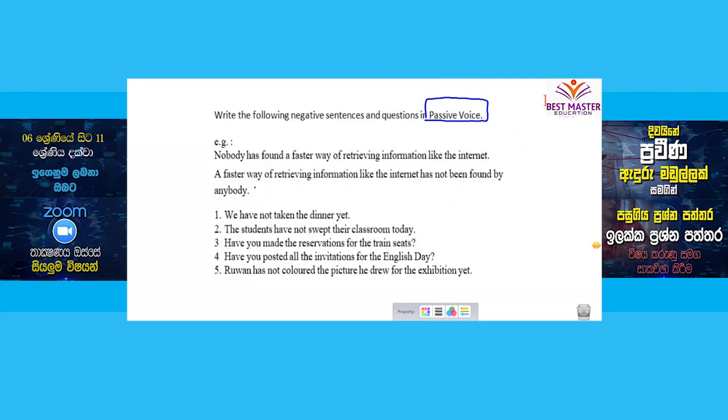In this activity, write the following negative sentences and questions in passive voice. Before we write the negative sentences and the questions, we should have the knowledge to convert the present perfect sentence into passive.